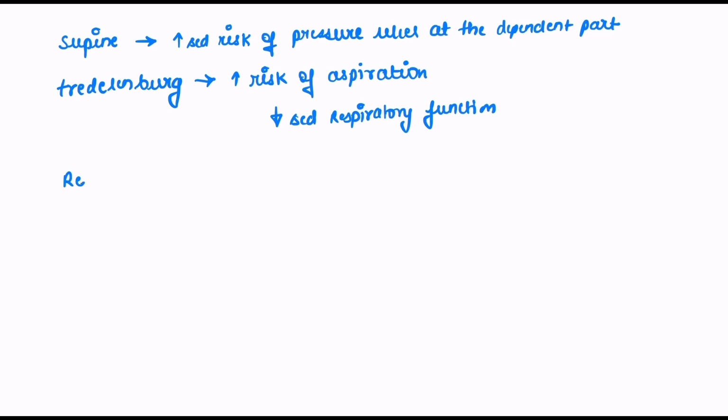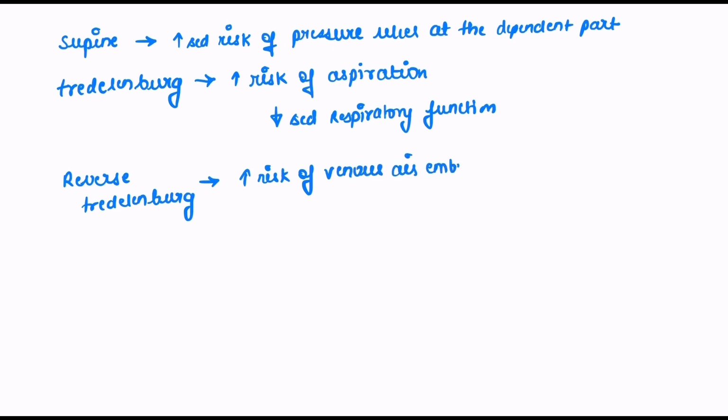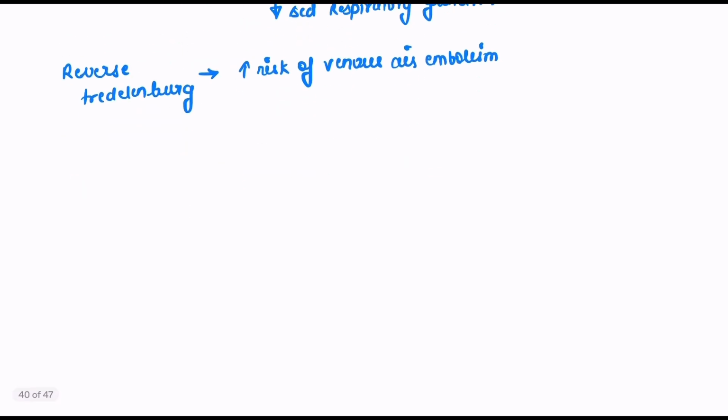The disadvantage of reverse Trendelenburg position is it has an increased risk of venous air embolism. The disadvantage of prone position is it has an increased risk of eye injury.